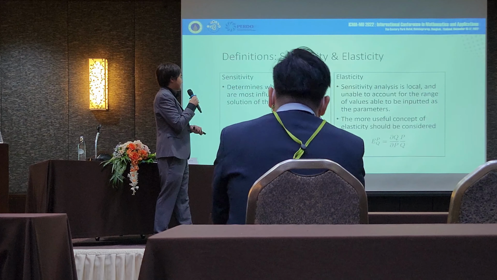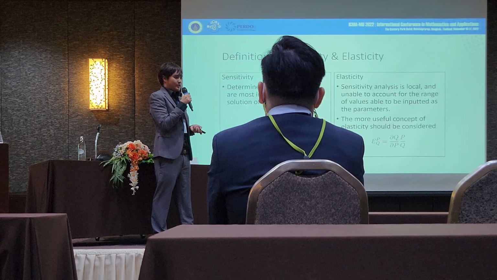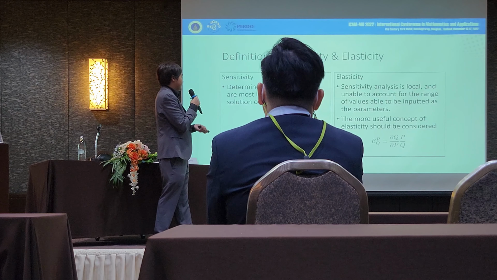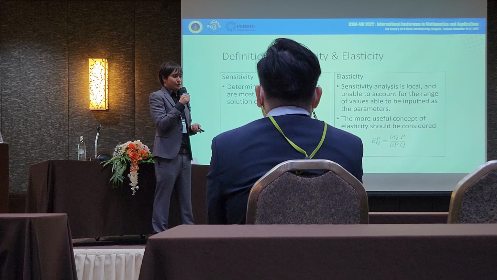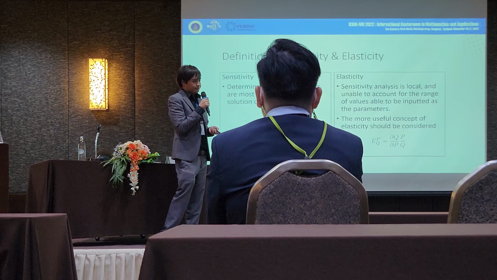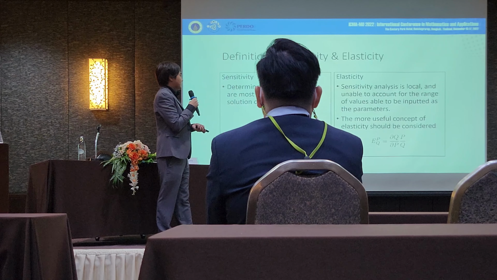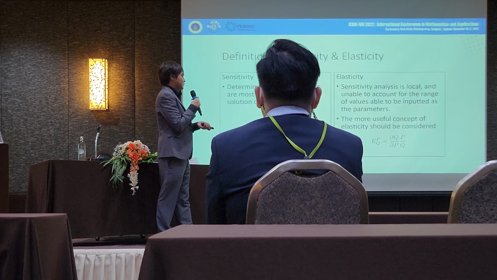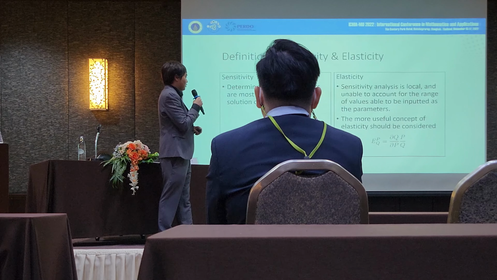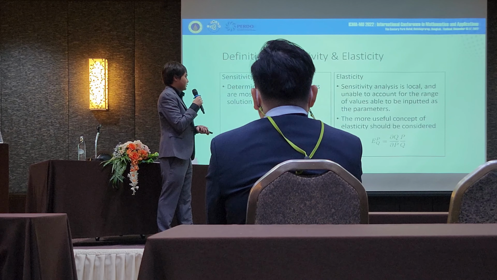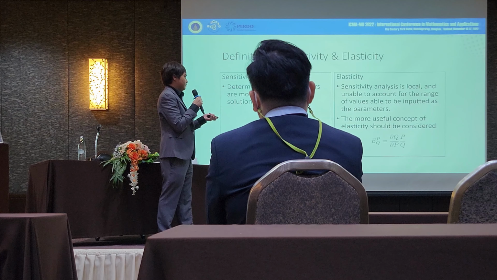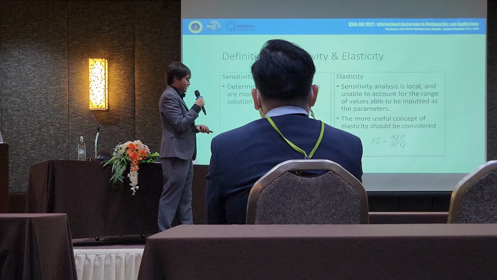So next up is sensitivity and elasticity, where sensitivity determines which parameters are most influential to solutions of the model. But the downfall is that sensitivity is local and it's not able to account for the wide range of parameters that we're able to use in the model. So we should also consider elasticity.